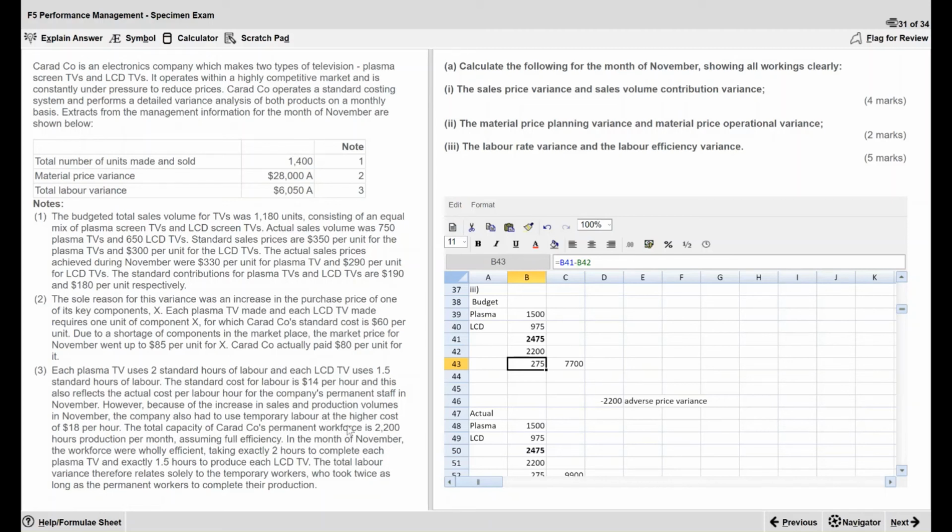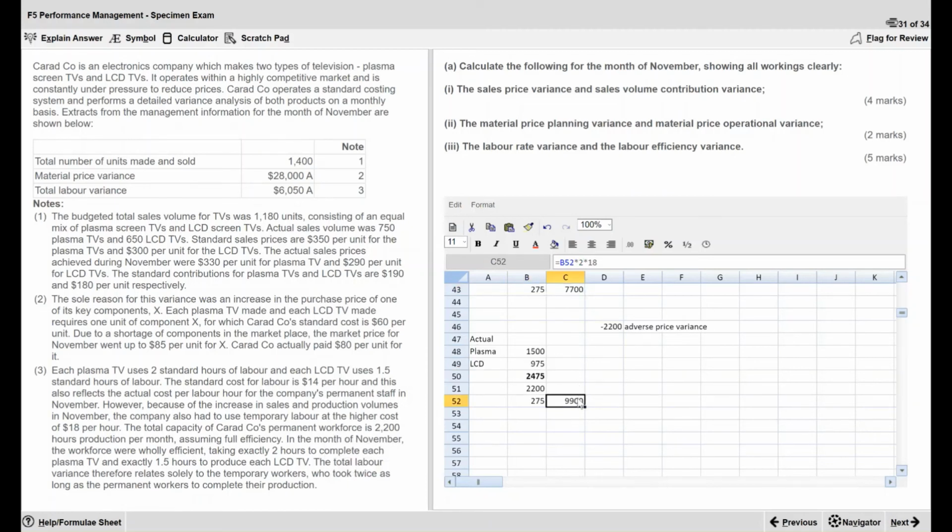The total labor variance relates solely to temporary workers who took twice as long. Yeah, here, twice as long. So total hours multiplied by the rate. So we found the total time taken by the temporary workforce multiplied by the rate. So that gives us the difference.